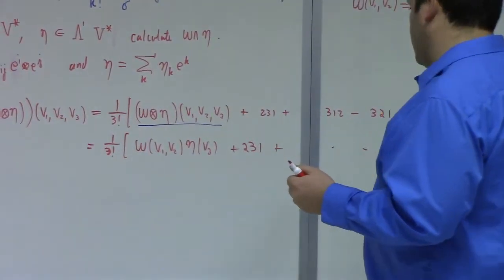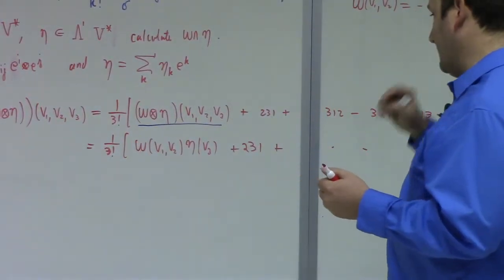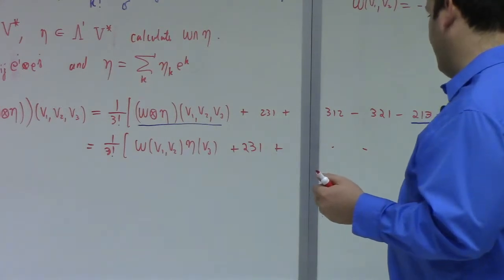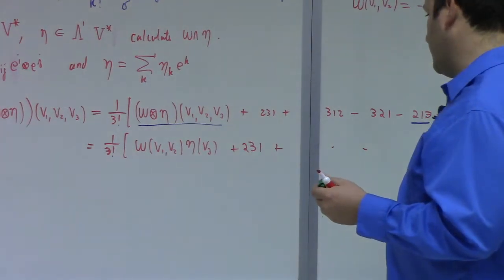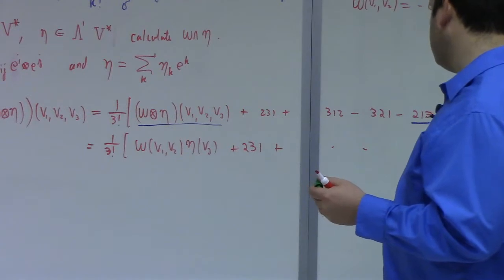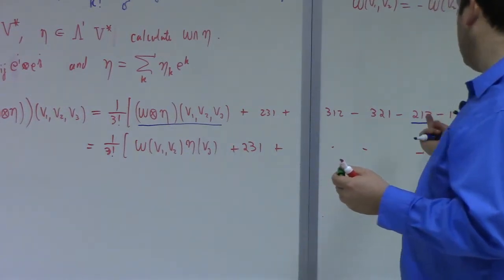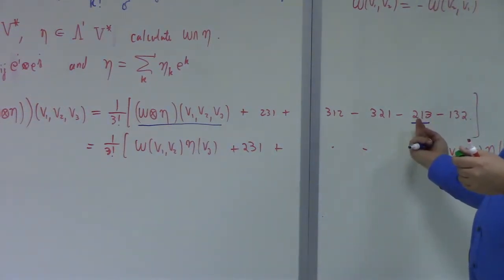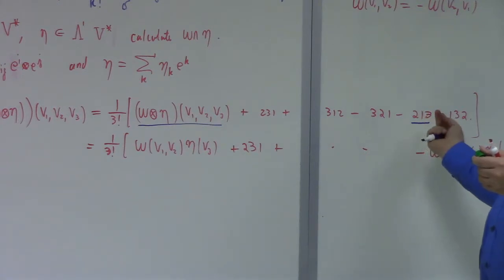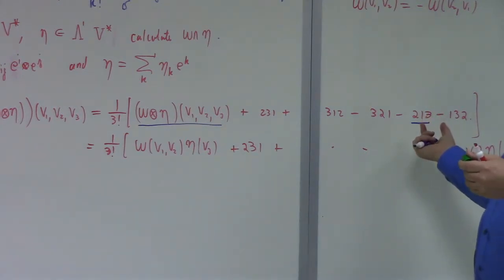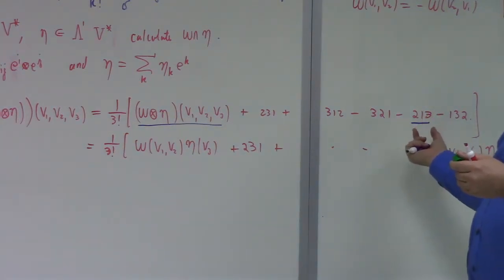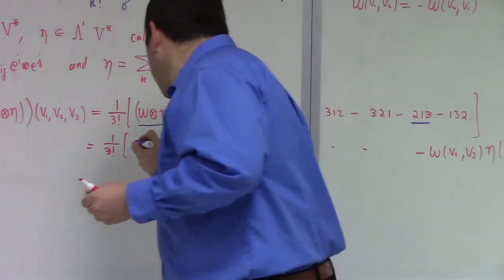But what happens? If you want to make them the same, you have to flip the 2 and the 1, right? Flipping the 2 and the 1 puts a plus here, right? So I can just write 2 times that.